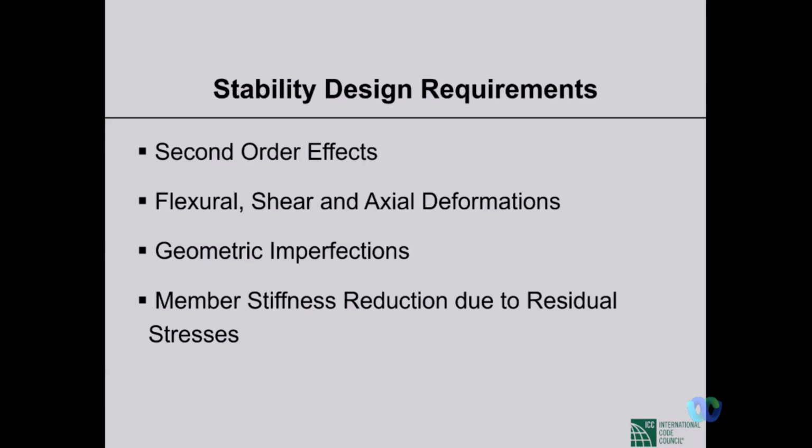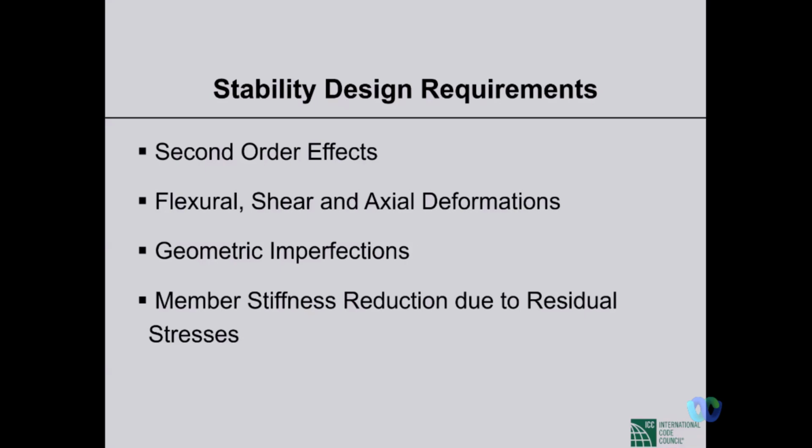But here the way the residual stresses are introduced in the member is different. I'll talk about that. But once there are residual stresses, already some compressive stresses in the structure, then it reduces the capacity to allow for more compressive stresses. It will buckle earlier. So these are the 4 things that are very important from the stability point of view.